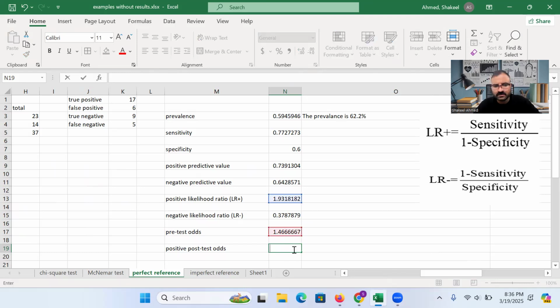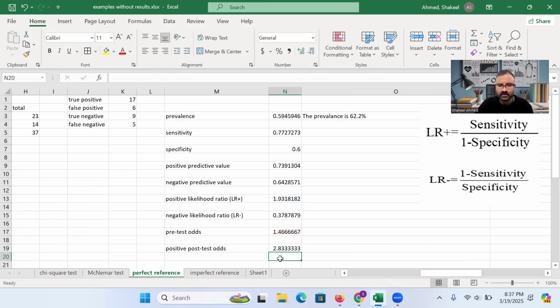and we can find the post-test odds. How can we find the post-test odds? We can find the positive post-test odds by multiplying the positive likelihood ratio by the pre-test odds.